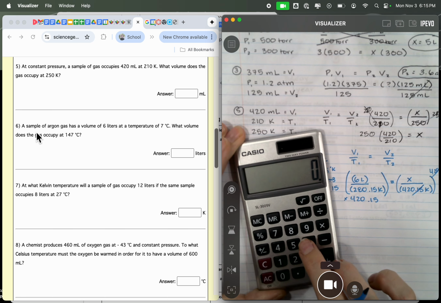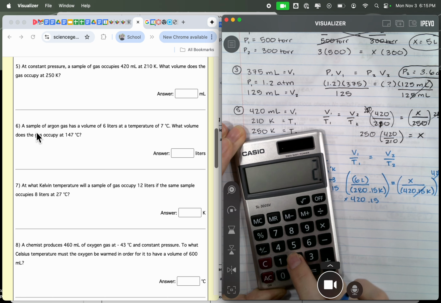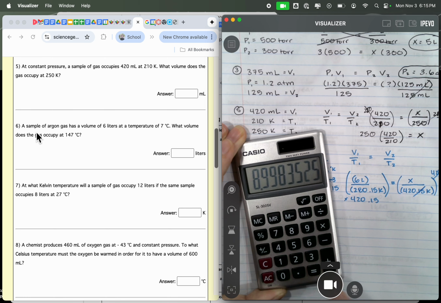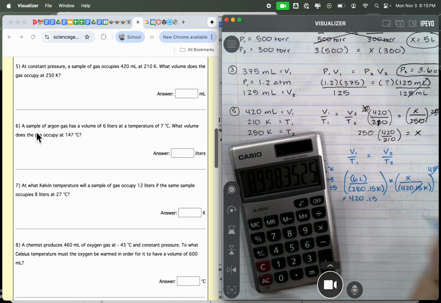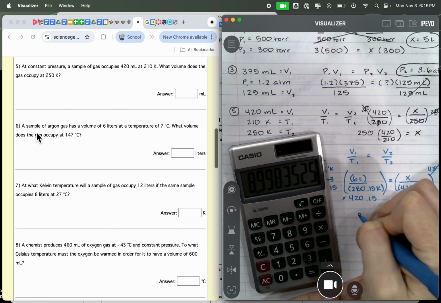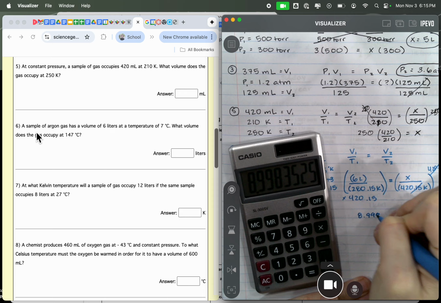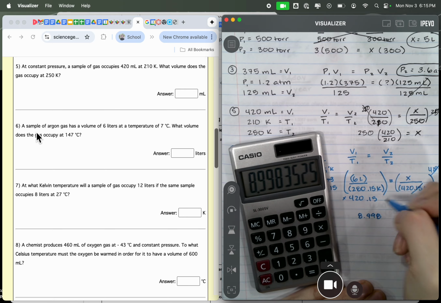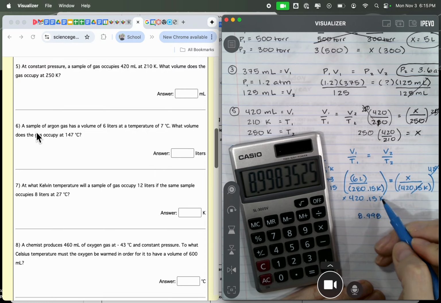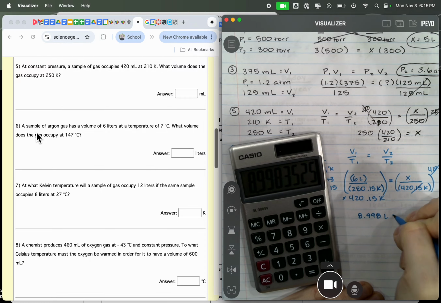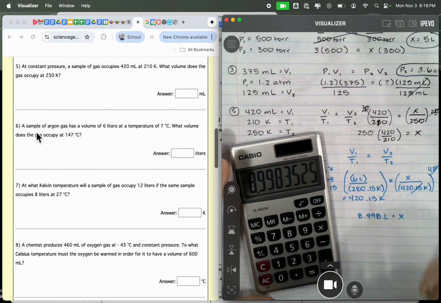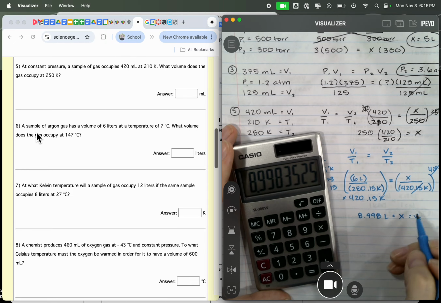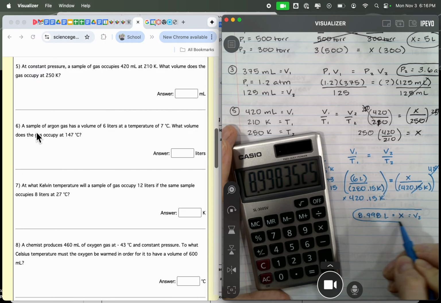We've got 6 divided by 280.15 times 420.15. All right, what do we get for that? 8.998. What are our units on that? Well, this was Kelvin and this was Kelvin, so those are going to cancel out and we're left with liters. That's just a way to check that you did it right. It's equal to X, and that was our V2. So that should be our second volume there.